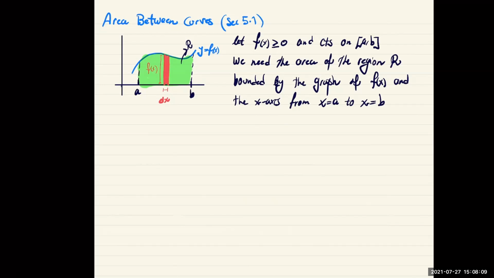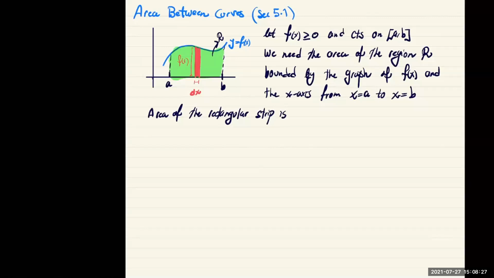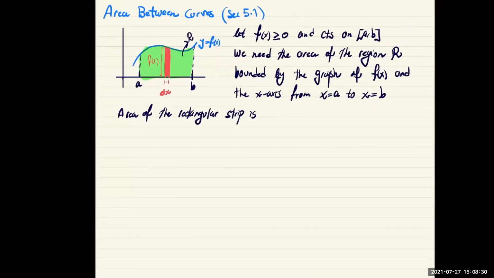Okay, so the area of the rectangular strip is basically length times width. Length is f of x, width is delta x or dx.